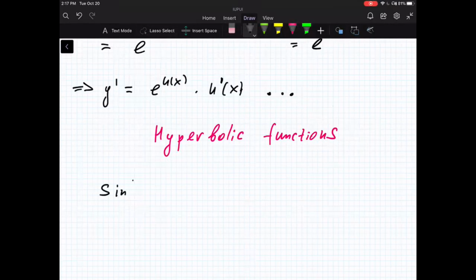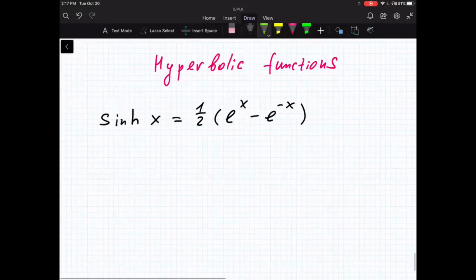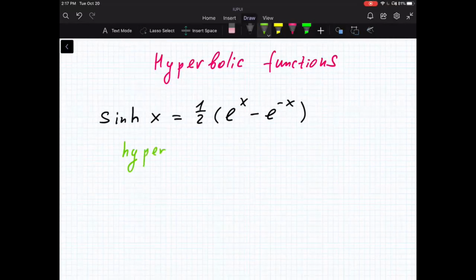You write sine, add an extra letter h, of x is equal to 1/2 exponential of x minus exponential of minus x. So this is called hyperbolic sine of x. And similarly, there is hyperbolic cosine.